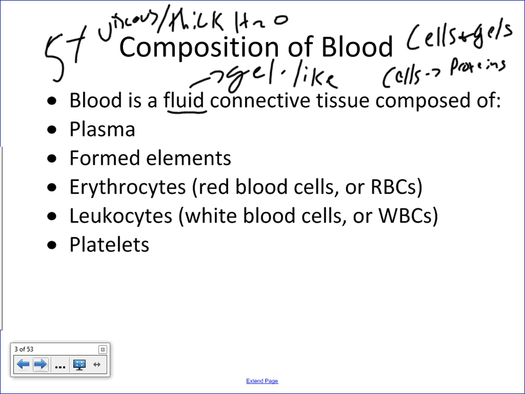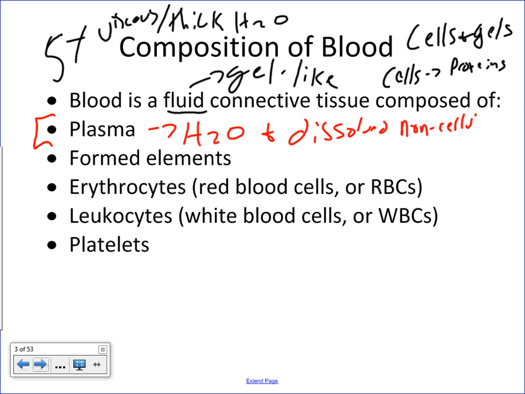Okay, and we can break blood down into 2 main parts. The first main part would be the plasma, which is essentially the water, and then the dissolved non-cellular components of blood, such as the nutrients like glucose or amino acids or fats or electrolytes and so on.